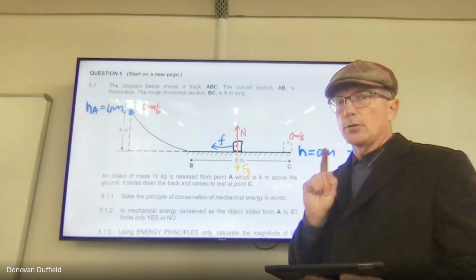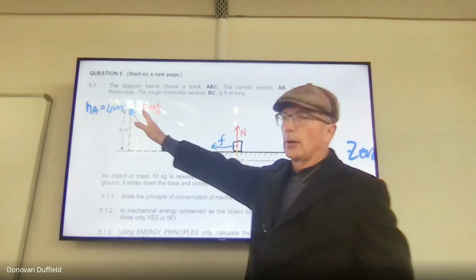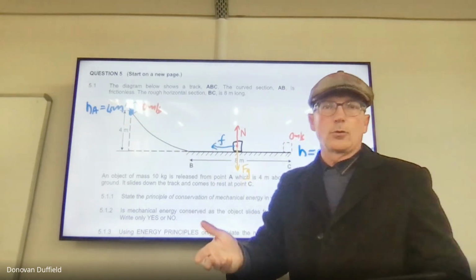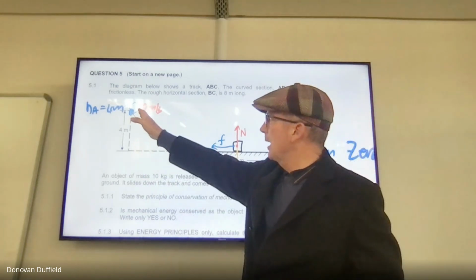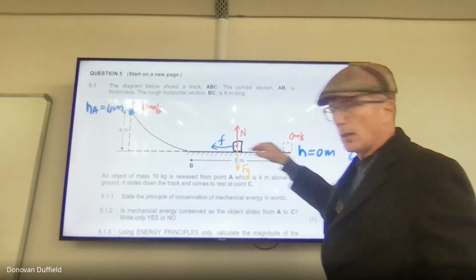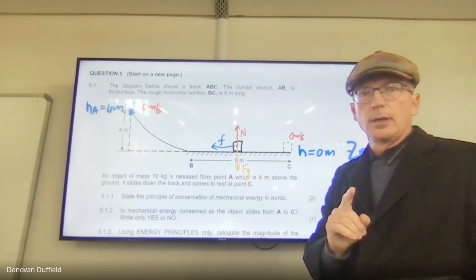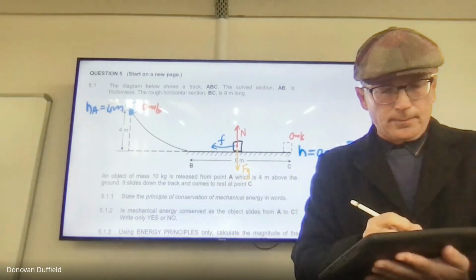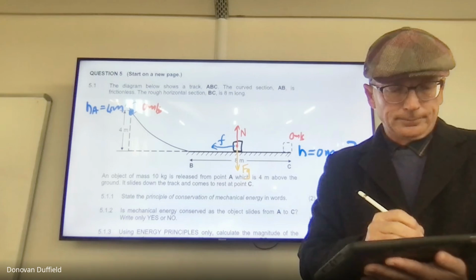What you would need to do is, you could not work out in one calculation W net or WF net, because your F net there and your F net there are very different.